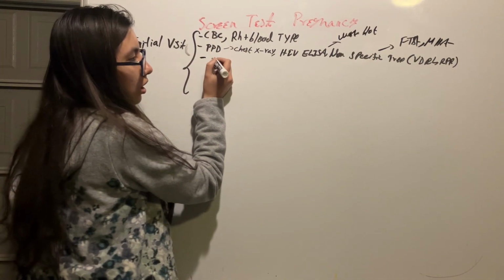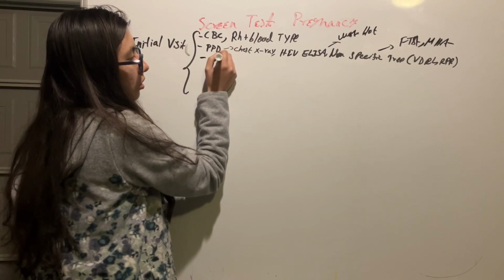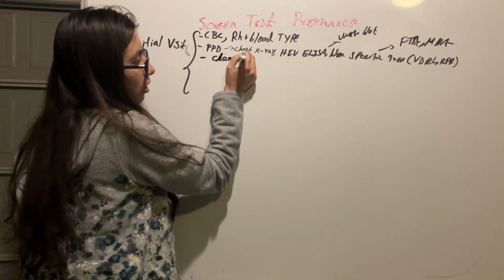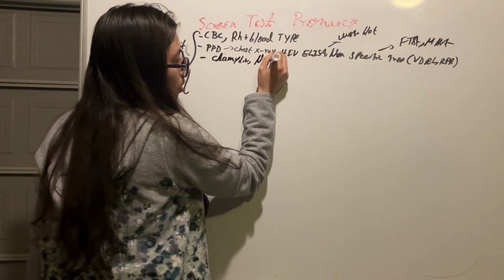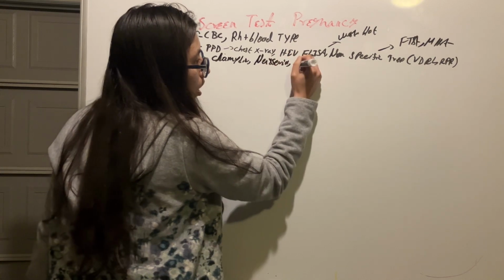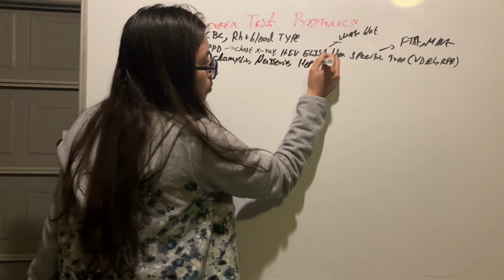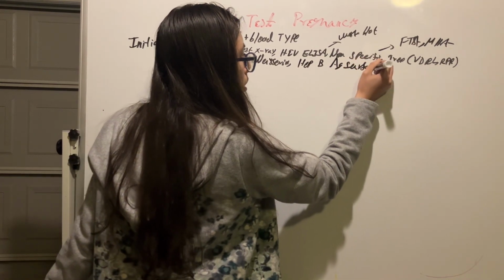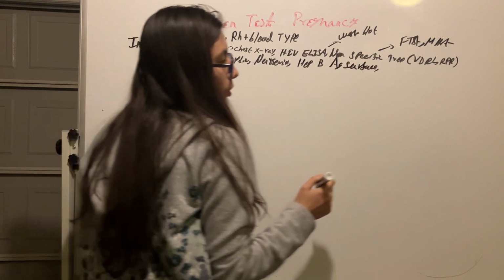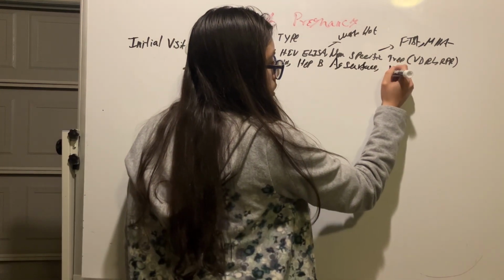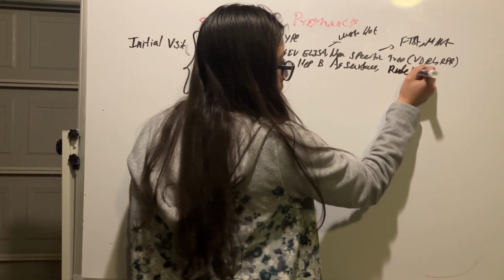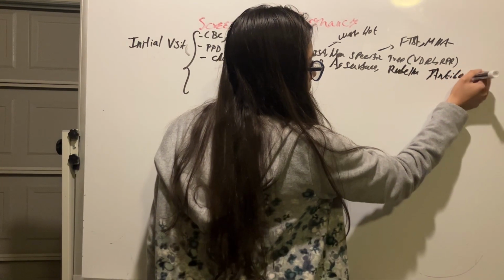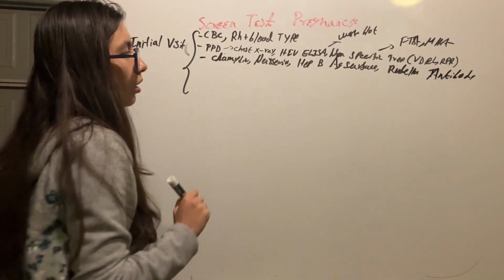Also, we want to order tests for chlamydia, Neisseria, hepatitis B surface antigen. We want to evaluate the status for rubella infection, so we will draw antibodies for rubella.